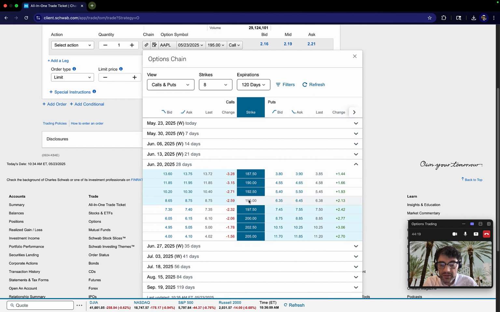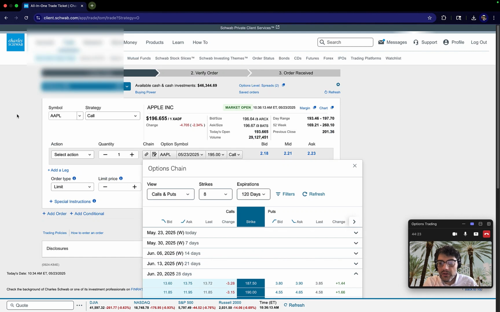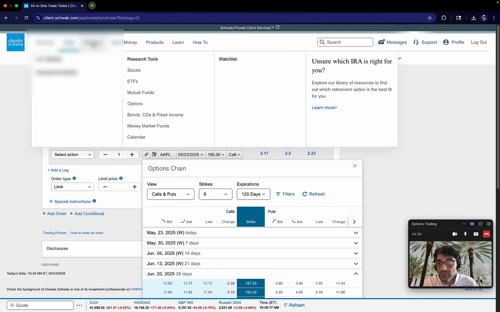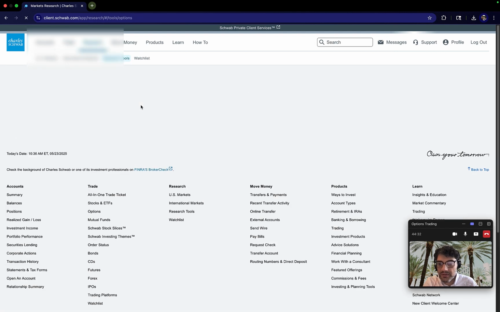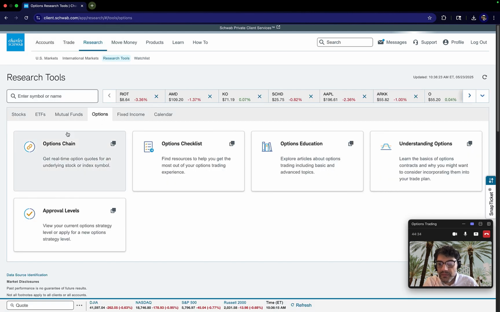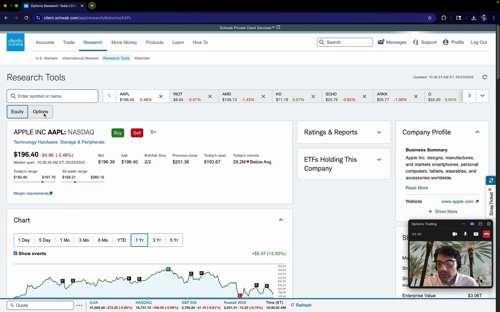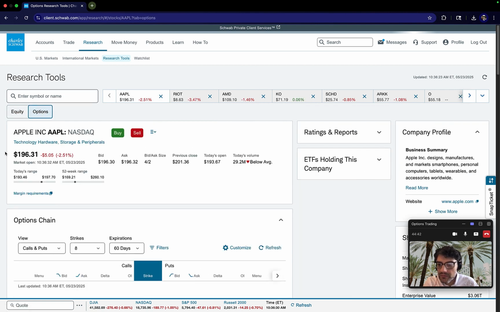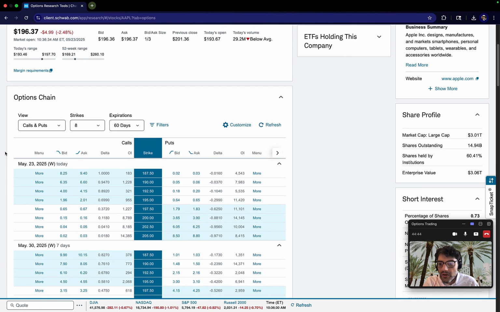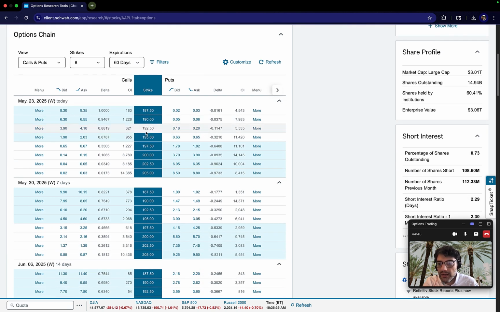My broker actually has another way that gives you more details in the options chain. So let me switch to research, and then I'm going to click on options. Okay, here we go. Let's select Apple as a shortcut here, and we're going to go over to the options. Okay, and yeah, here we go.